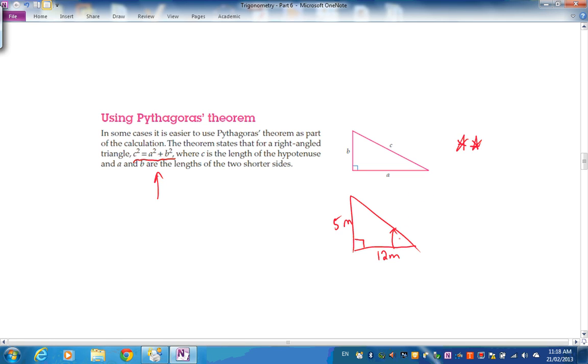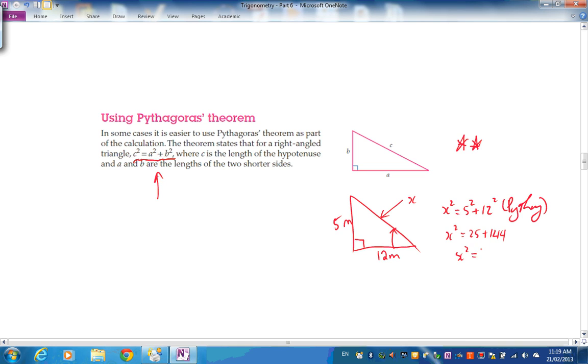You could use the angle and find this hypotenuse using trigonometry, but what might be easier is to say that the square on the hypotenuse is the sum of the squares on the other two sides and not use SOHCAHTOA, because SOHCAHTOA might actually be more working out, more calculator work than using Pythagoras. So this comes to, of course, I've chosen a Pythagorean triple here.